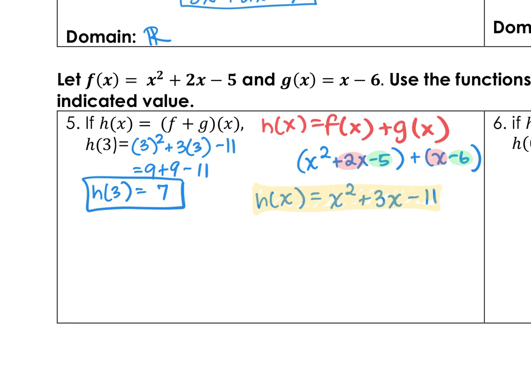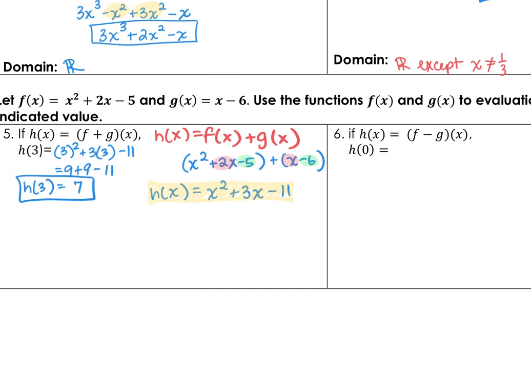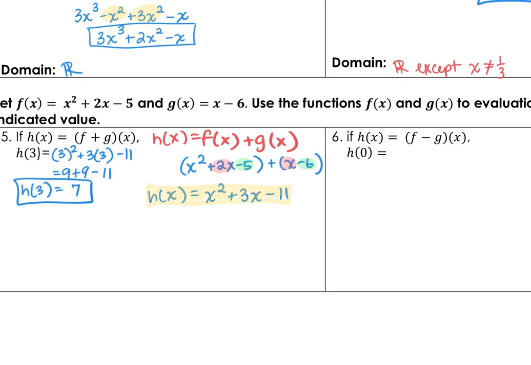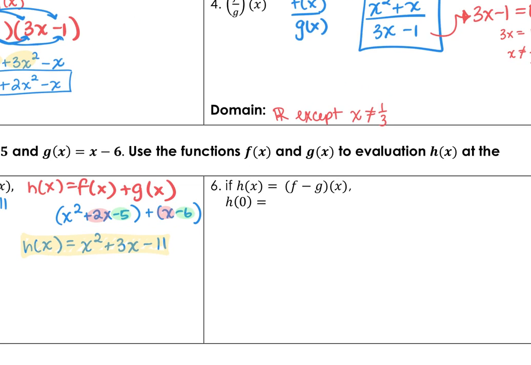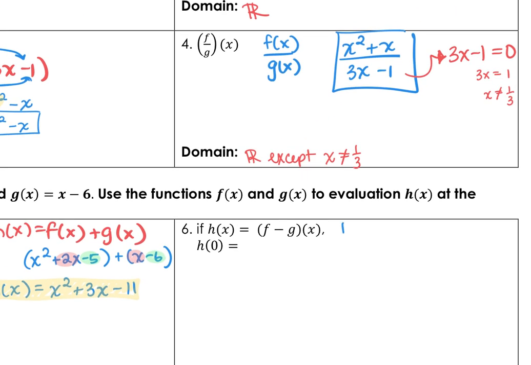Now we're going to move on to 6. I know a lot of you have already started on 6. Everybody else, you're moving on to 6. This time we're subtracting those functions. So for you to find h of x, you need to do f of x minus g of x.